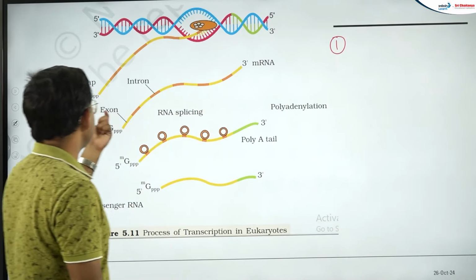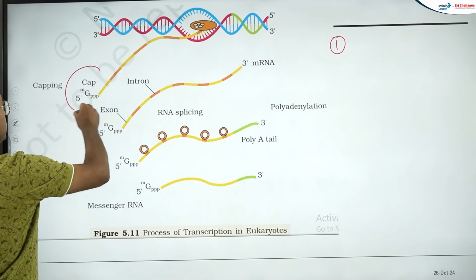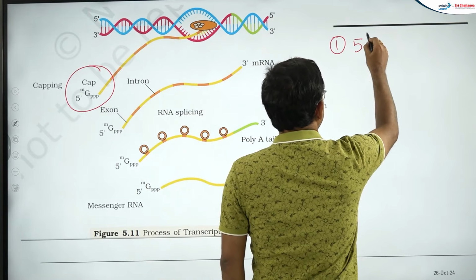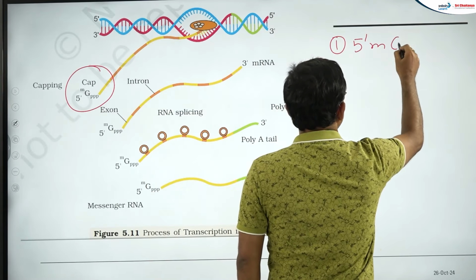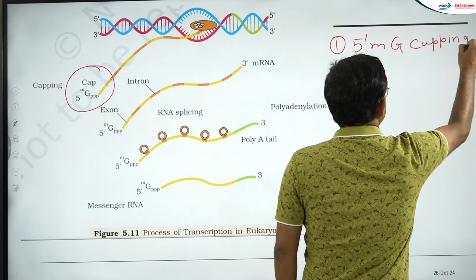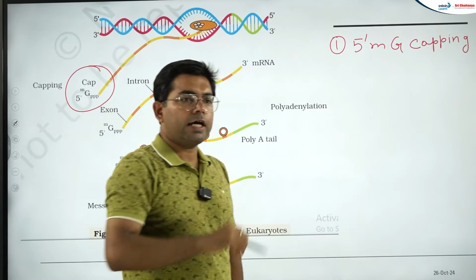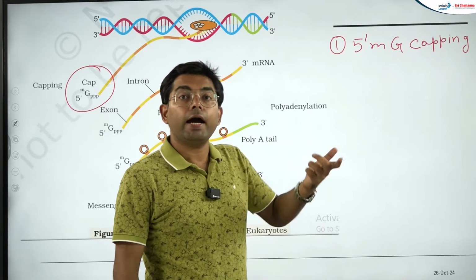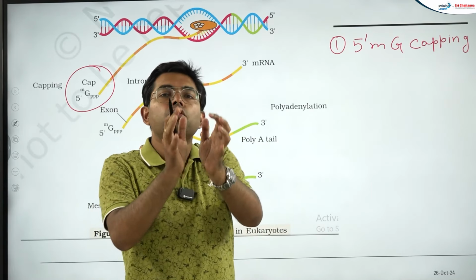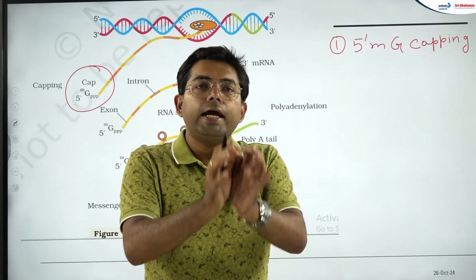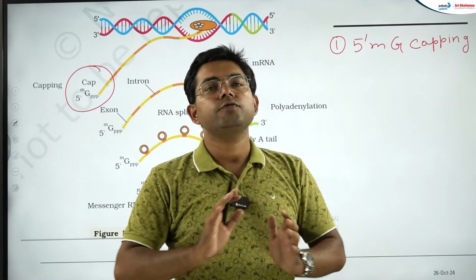The first modification is 5' methyl guanosine capping. On the 5' end of hnRNA, methyl guanosine is added. Why is this added? To secure the 5' end, so that the nucleotide at the 5' end remains secured.